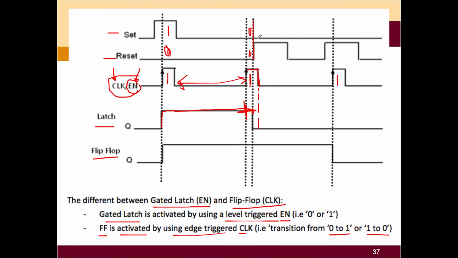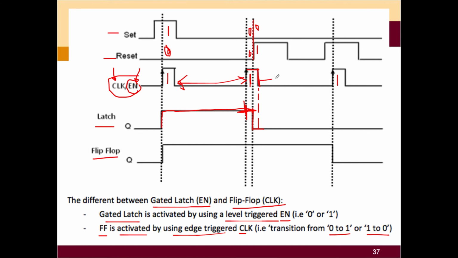Then you have 0, 1. For 0, 1, you're going to do a reset. Please check back, because I also don't remember the SR latch tables. Please remember the truth tables. So if it's 0, 1, you're going to reset, so it will come down, which is reset value 0.